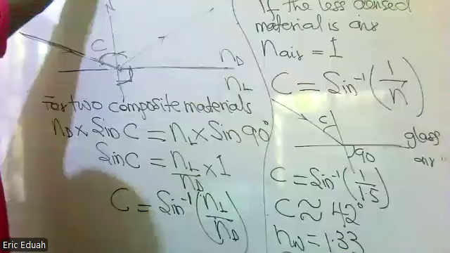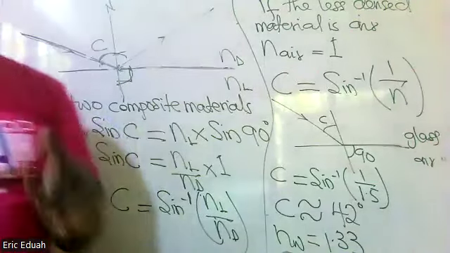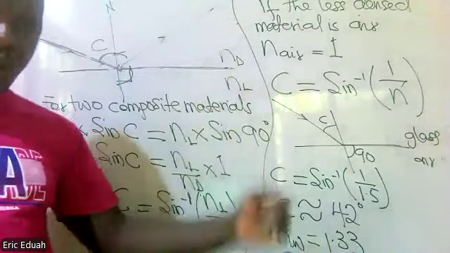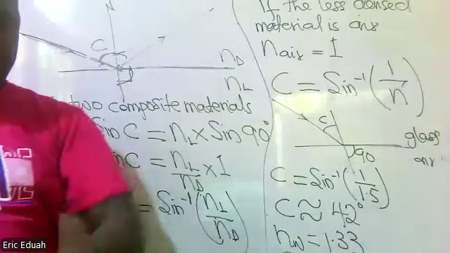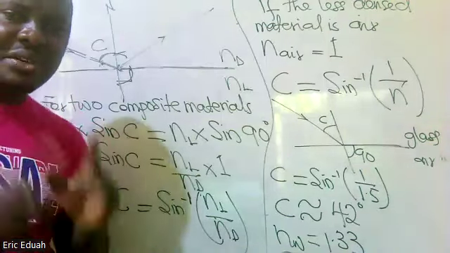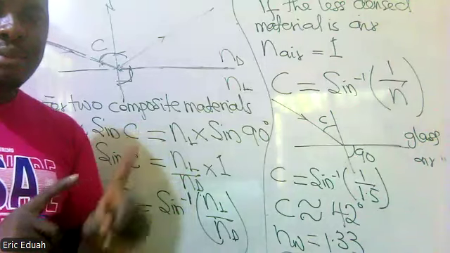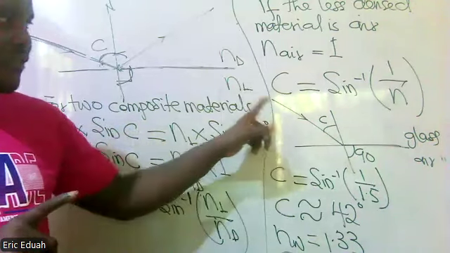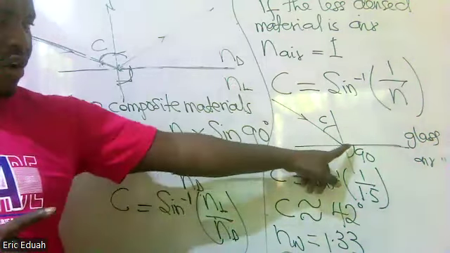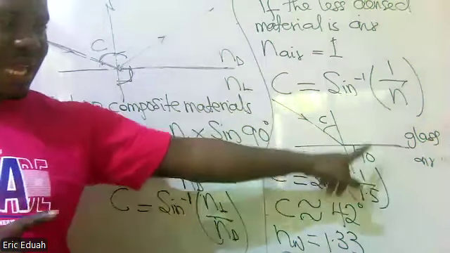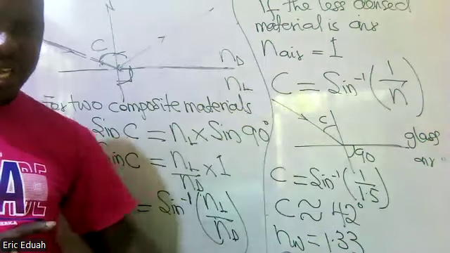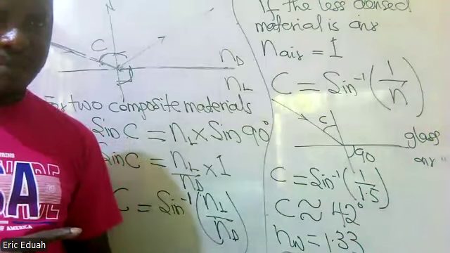48.75. So it means when light is moving from water to air, then the critical angle, the angle of incidence at which the angle of refraction will just lie on the boundary between water and air, is 48 point something.